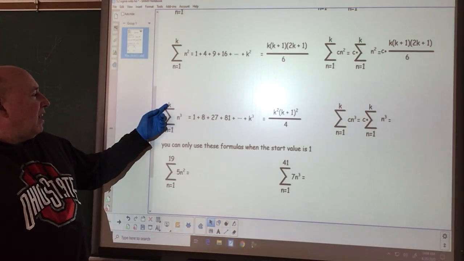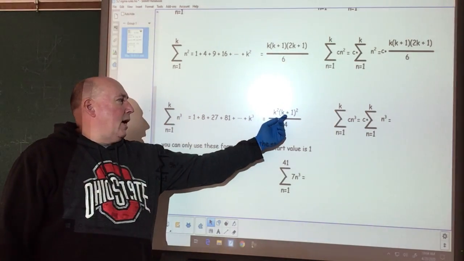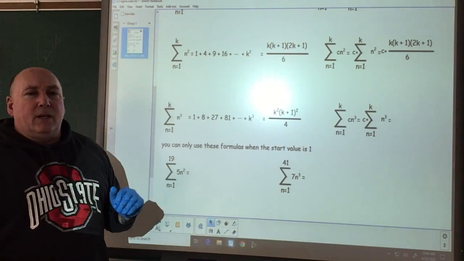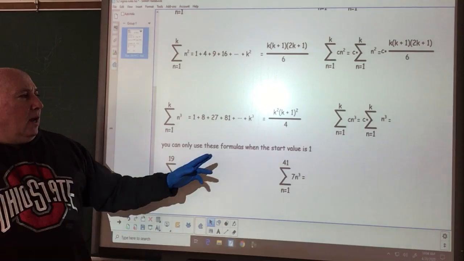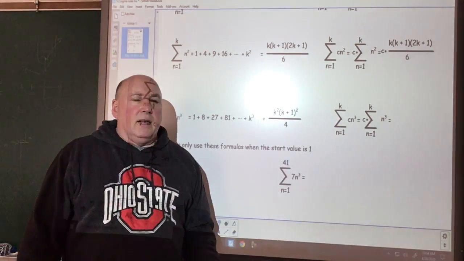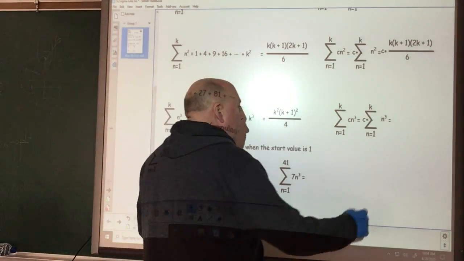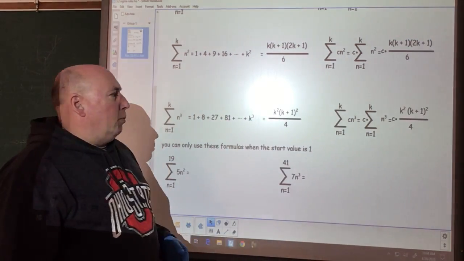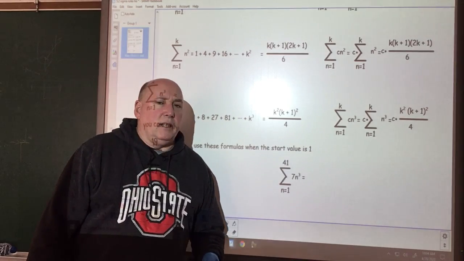So whatever my top value is here, I square it, add 1, I square it, and I divide by 4. And that would give me the sum of my terms. And likewise, when I have a constant out front, I just multiply this by the value of c.